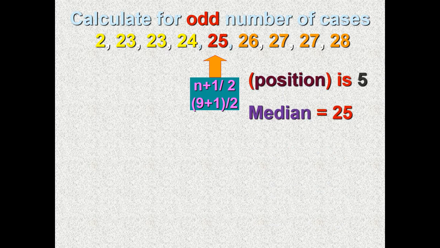Position is 5 where the value is 25. والvalue هو 25.